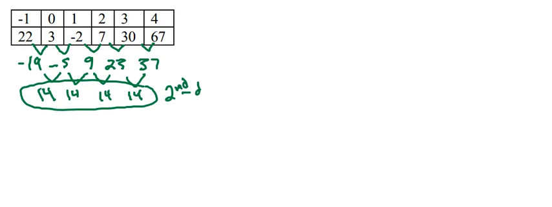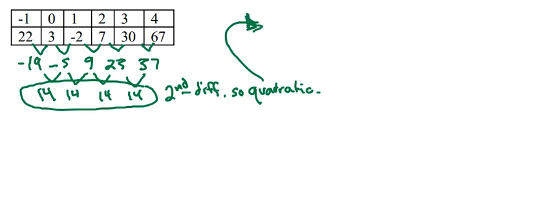Second difference is what these things have in common. So it is a quadratic function. Quadratic polynomial. Okay. Quadratic polynomials can all be written in this form. Y equals ax squared plus bx plus c.